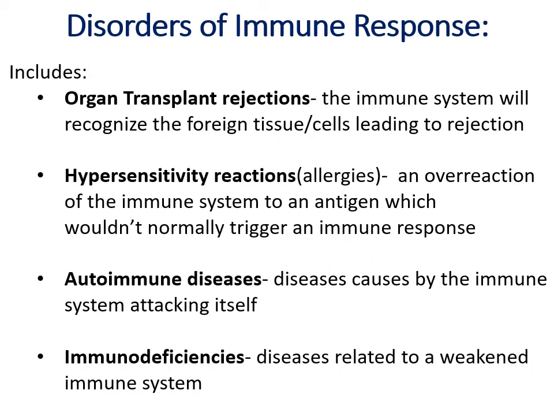The immune system goes overboard with its attack or its response to the antigen. Autoimmune diseases, well, those are diseases where the immune system is now attacking its own cells. And depending on which organs it attacks will define which disease the patient has.